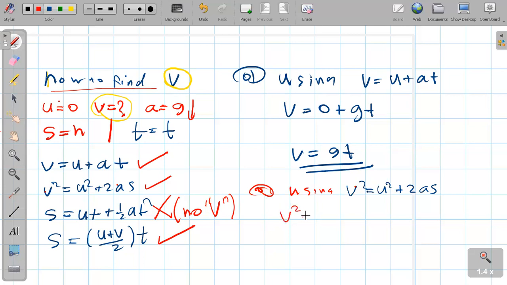V square equals U is 0. This is 0, so cancel out. 2, and the acceleration is G. And what is S? It is H. So 2GH. I need V, not V square. So I can finally take the square root of this one. Velocity is going to be square root of 2gh.